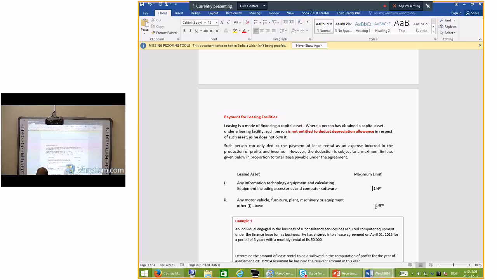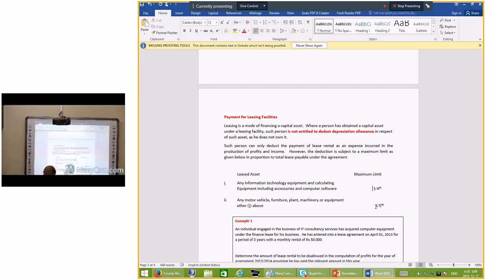But in the second year he paid 1.2 million of lease rental.